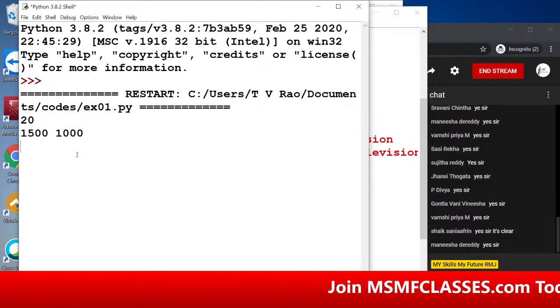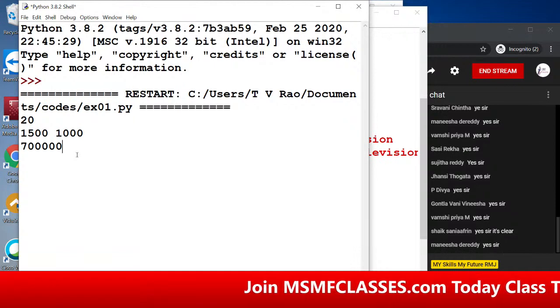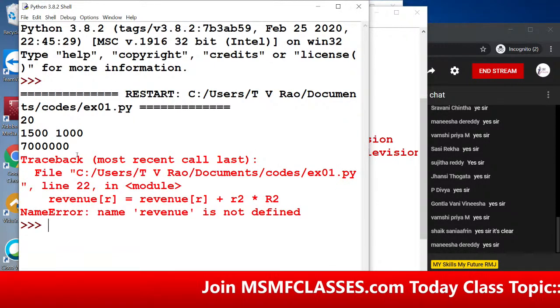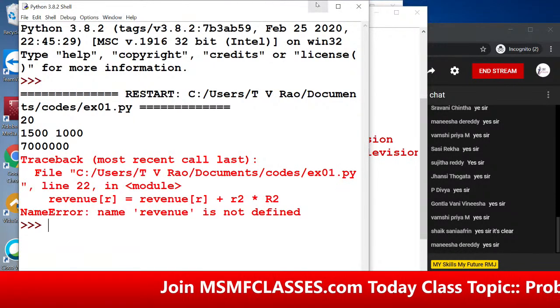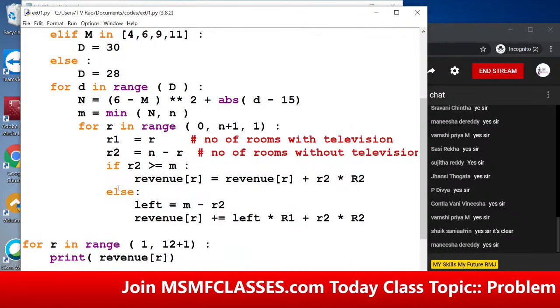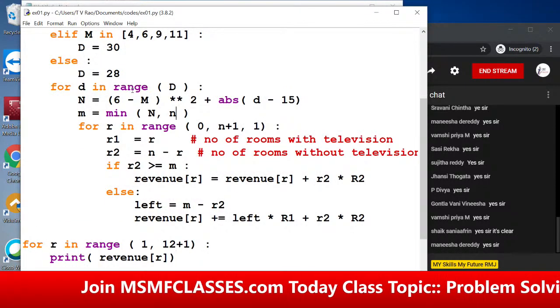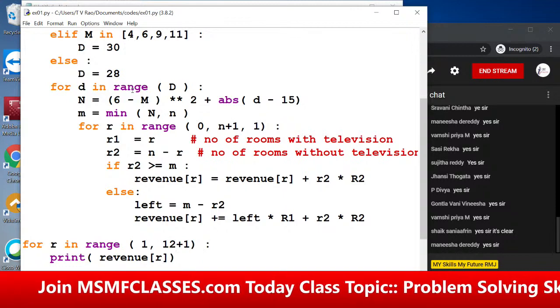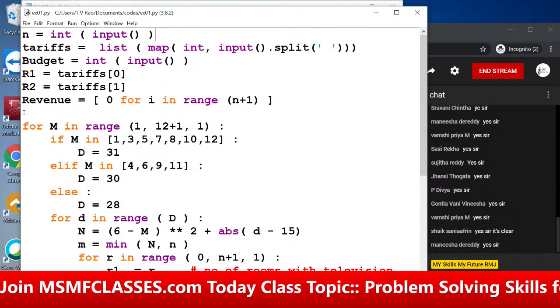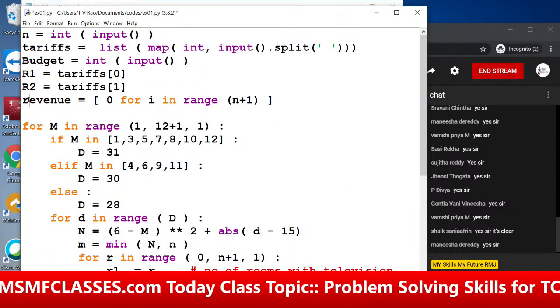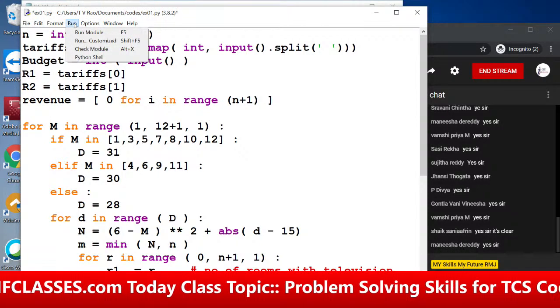Okay, budget is 70 lakhs. Revenue is not defined. Okay, I took capital R here. I should make it smaller.